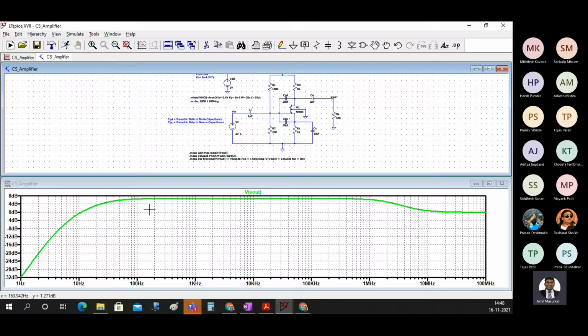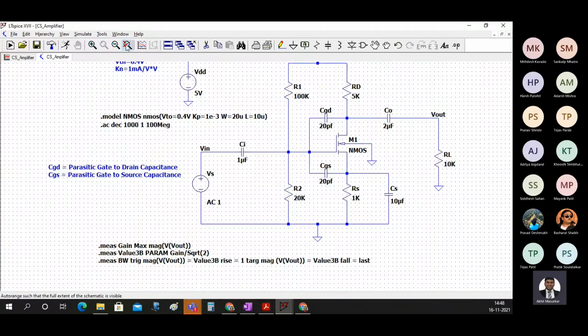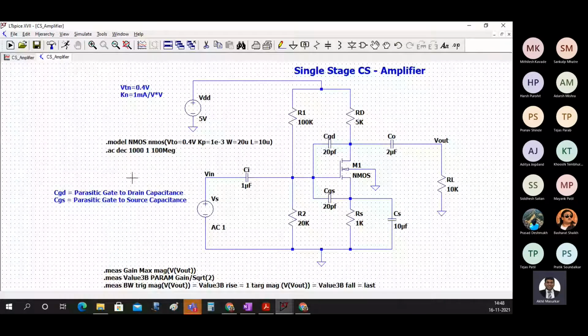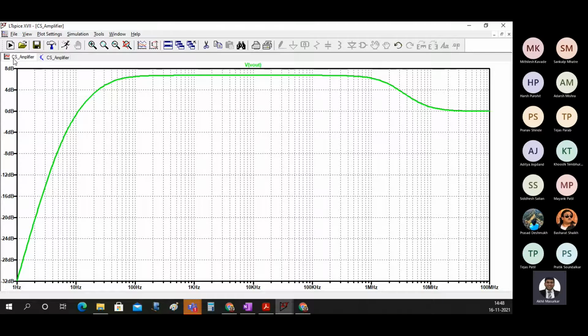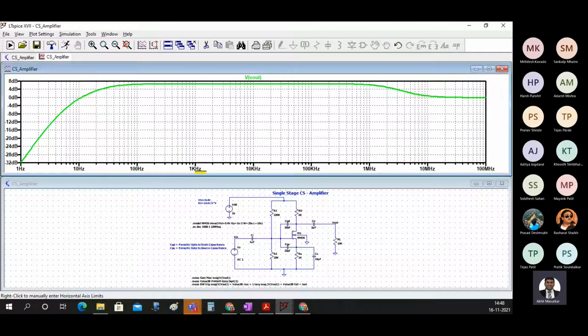Because in spite of having so much experience, if I also try to do this manually, I will never arrive at the correct value unless I use the .measure commands. Come on, do this quickly.